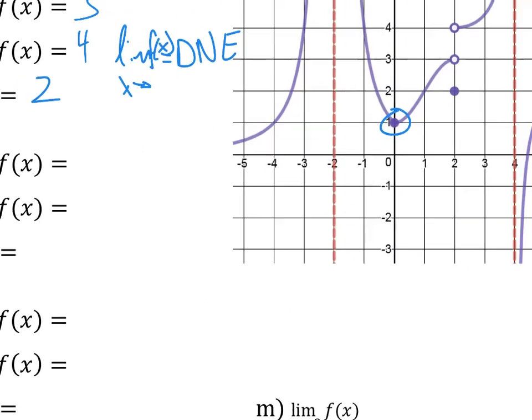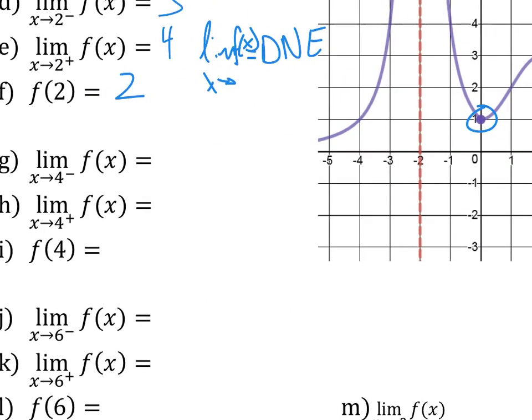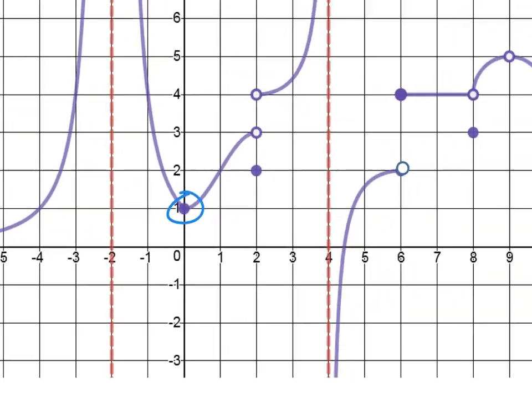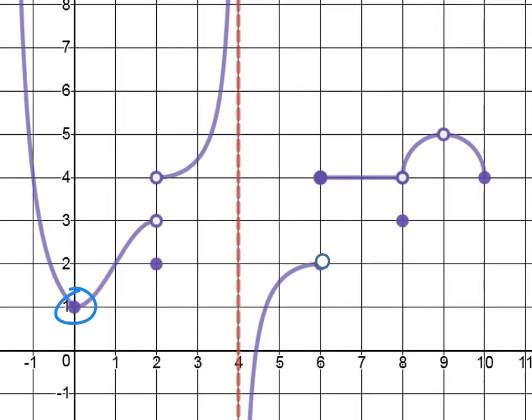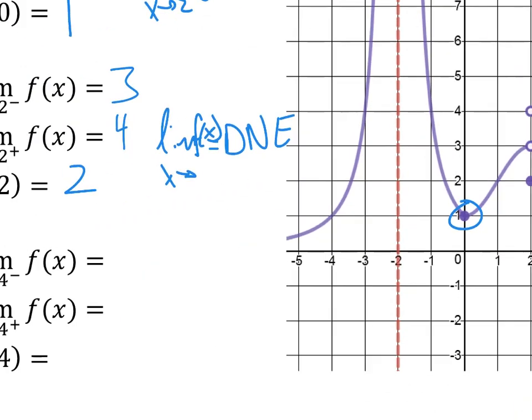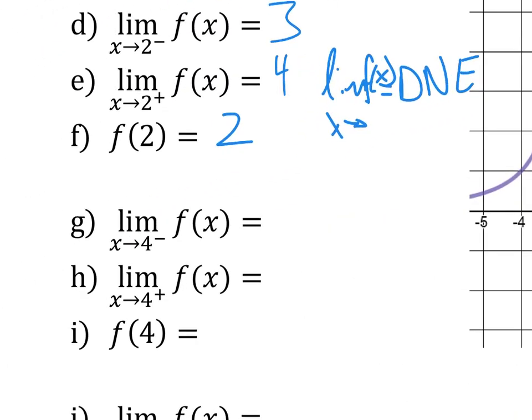How about going to 4? What's going on with 4? So we're coming to 4 from the left. As we come from the left, it's going up to infinity. As we're coming from the right, it's going down to infinity. Okay? So really that limit doesn't exist, but it kind of gives us an idea. It's going up to positive infinity. Infinity is not a number.